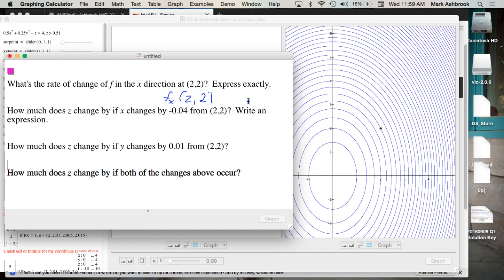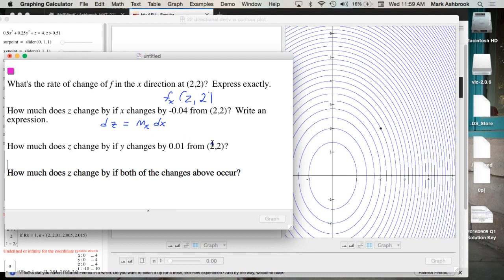So then, how much does z change by if x changes by negative 0.04 from 2, 2? dz equals the partial with respect to x, times dx, right? This is the meaning of the rate of change.